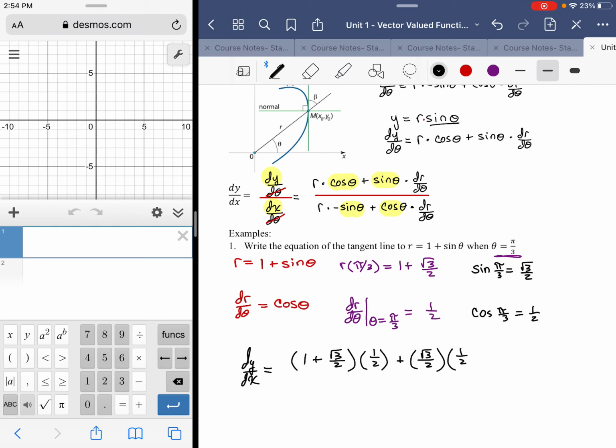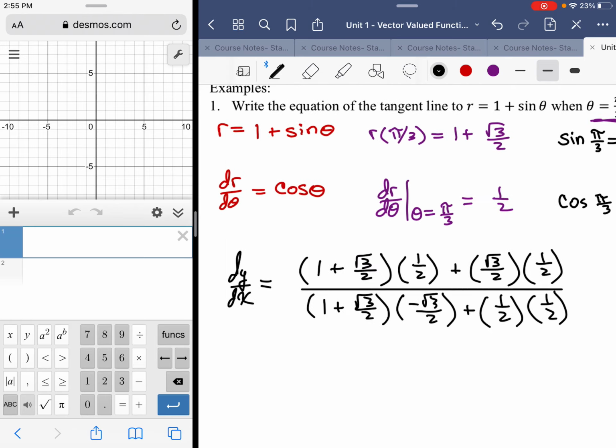Dr d theta we figured out was 1/2. It's kind of coming along here. R, again, 1 plus rad 3 over 2. Negative sine of theta, so negative rad 3 over 2. Cosine theta, 1/2. Dr d theta, 1/2.